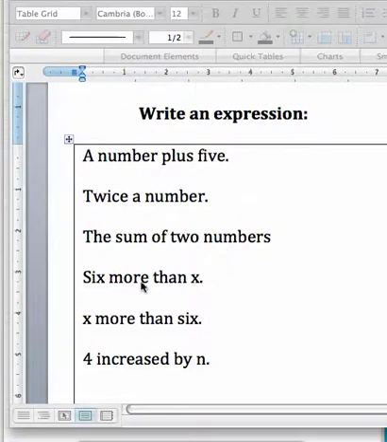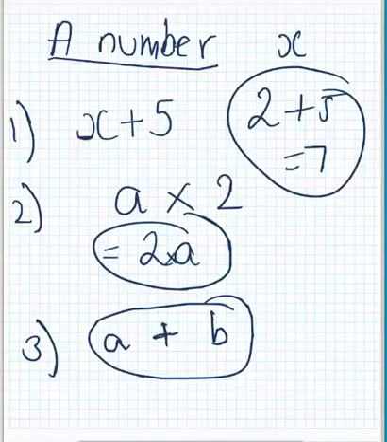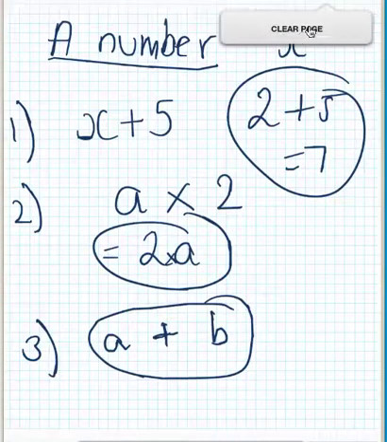Now the next 2 we're doing is very, very important that you watch this, because this can trick a lot of students. And it can be tricky at first, so I'm going to try and explain it the best way that I can. Now, we've got 6 more than x. And what students usually do for this, I'll just clear the page.